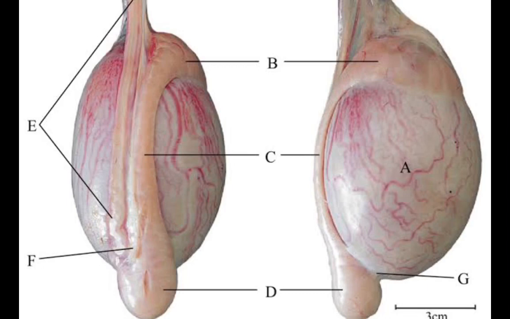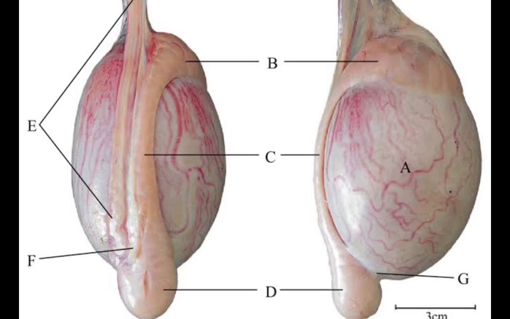Now the difference is that the medial surface is smooth and convex, the lateral surface is smooth and convex, both are the same. But the lateral surface is overlapped posteriorly by the epididymis, and this epididymis is separated from the lateral surface of the testis by a small semilunar recess of the vaginal sac which is called the sinus of epididymis.